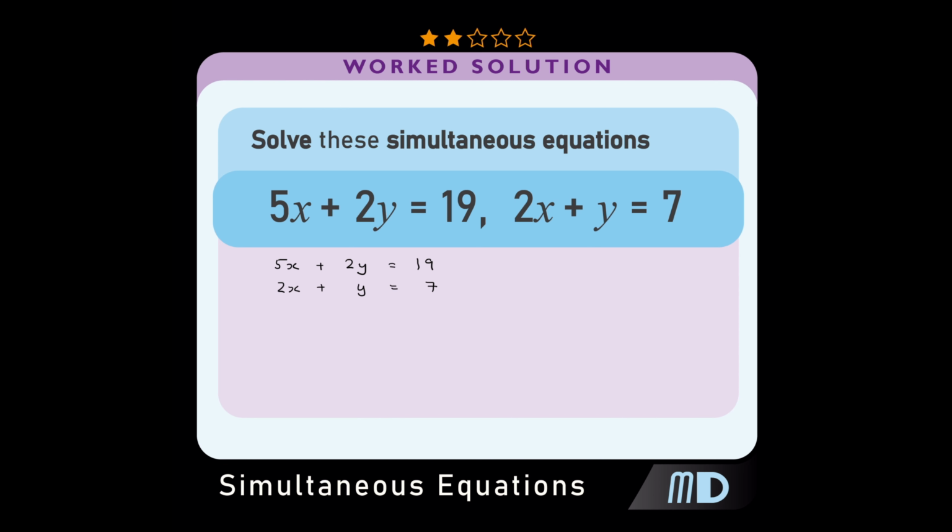Multiplying the second equation by 2 gives us a 2y term in both equations.